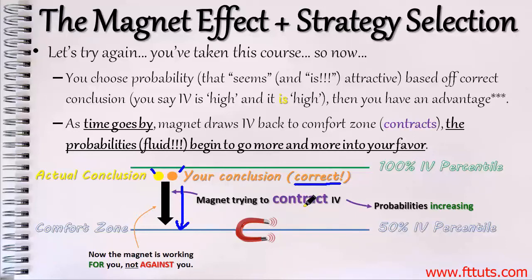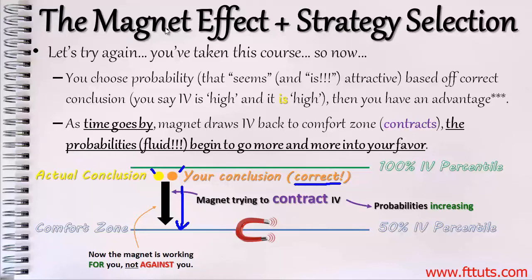Now, we don't need to be scared. Something's going down? Well, there are strategies that allow us to benefit from a contraction in IV. So that's the important part. Just because I'm saying down doesn't mean it's bad. It just means that it's something that we need to be expecting, and then we can benefit from it via the strategy. So in this case, the beautiful thing here is that the magnet is now working for you and not against you.